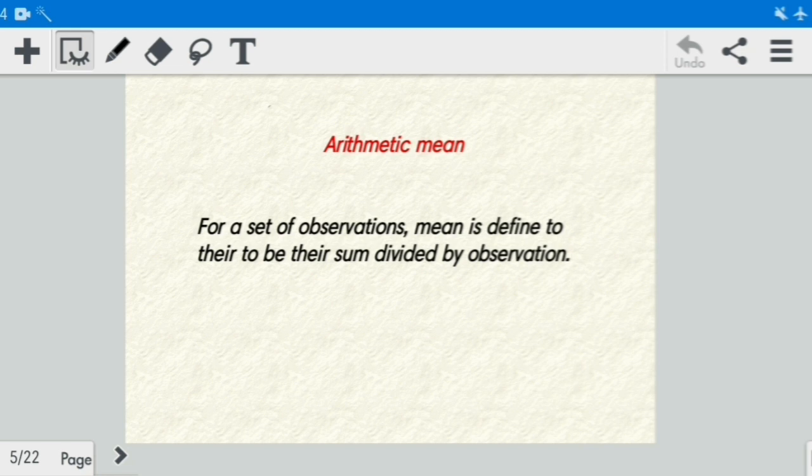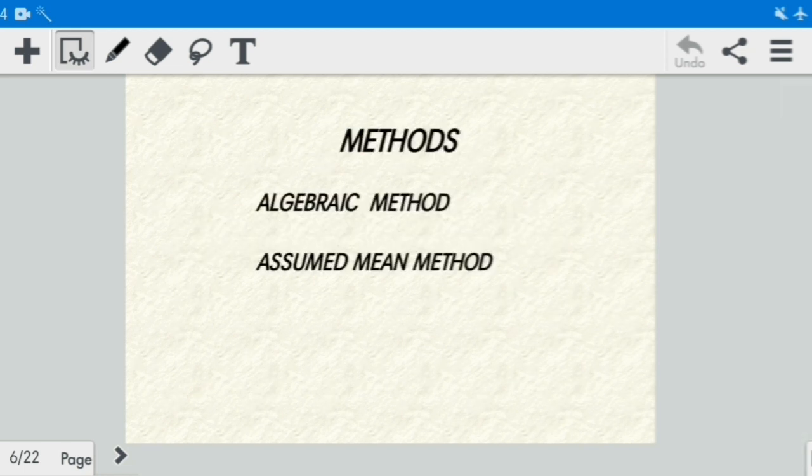Arithmetic mean is the simplest one, which is calculated as the quotient obtained by dividing the summation of data by the number of occurrences related to it. It is measured in two ways: algebraic method and assumed mean method.